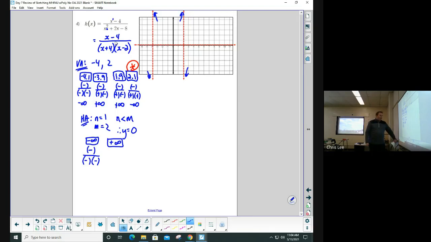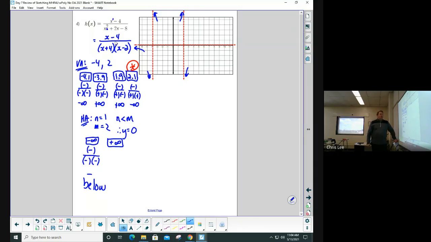But overall, the answer is going to be a negative times negative on the bottom is a positive. So negative divided by a positive is negative, which means it's going to come from below. So as you put in negative infinity, you're going to get a negative small answer, and the graph is going to come from below.